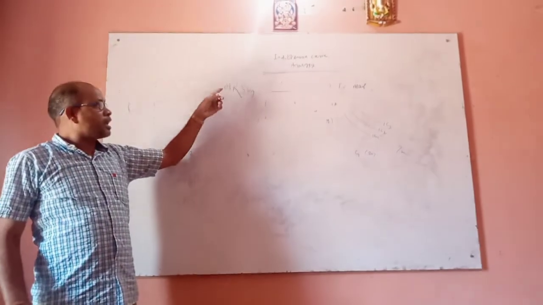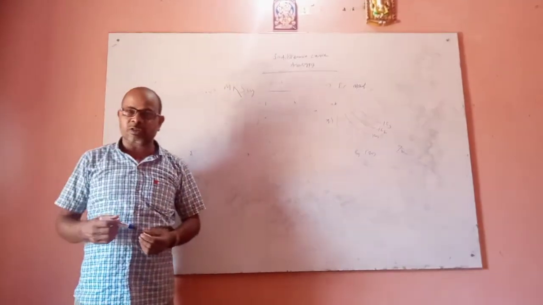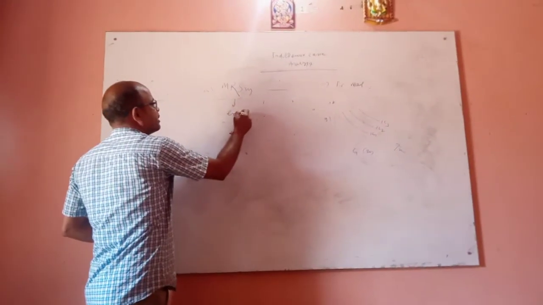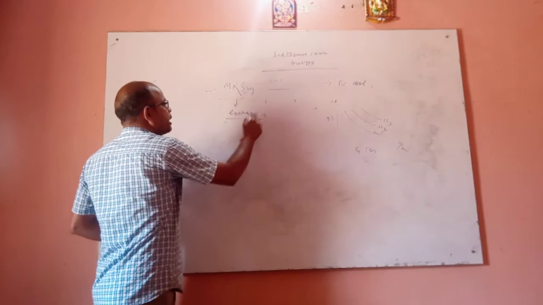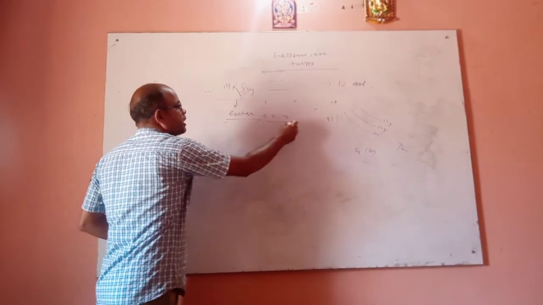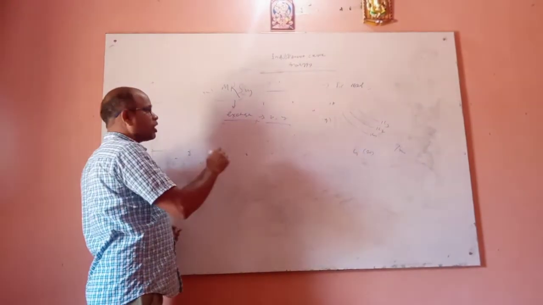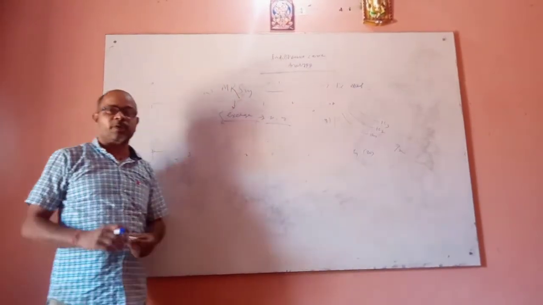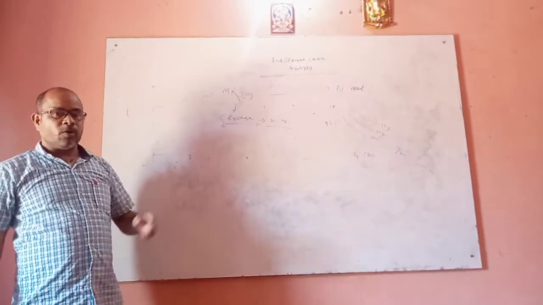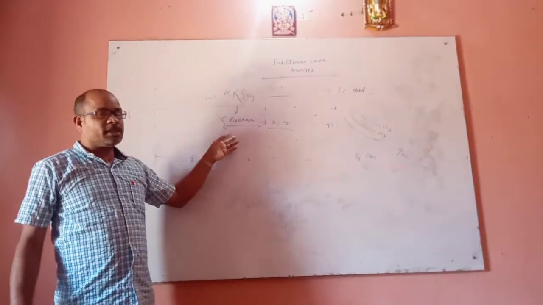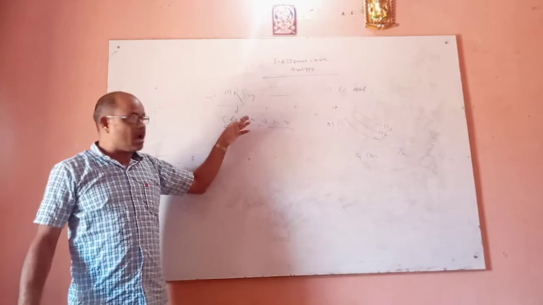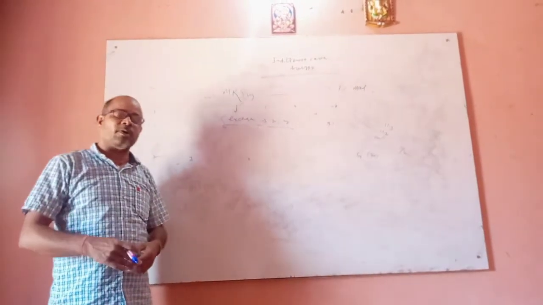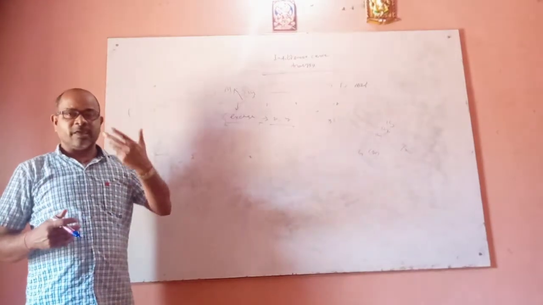As far as MRS of x for y is concerned, it refers to the point of exchange between commodity x and commodity y. In other words, we can define the marginal rate of substitution of x for y as the point where the consumer is ready to exchange some units of commodity x for y, or some units of commodity y for x.